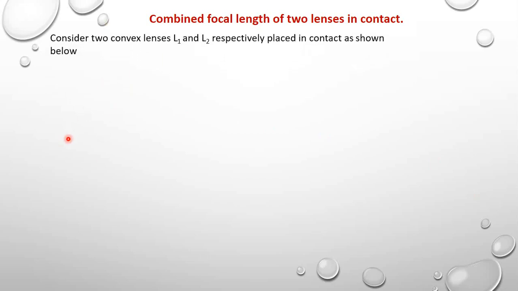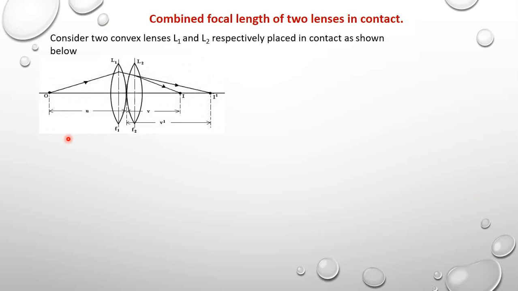Let's look at the combined focal length of two lenses in contact. So here we're going to consider two convex lenses, L1 and L2, in contact. A ray from the object, a point object, goes to the first lens, and the image will be formed at I prime.